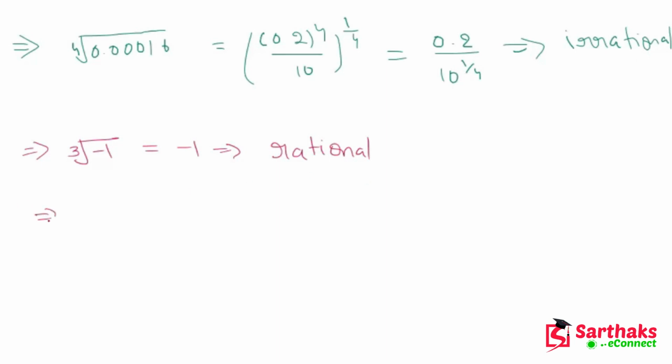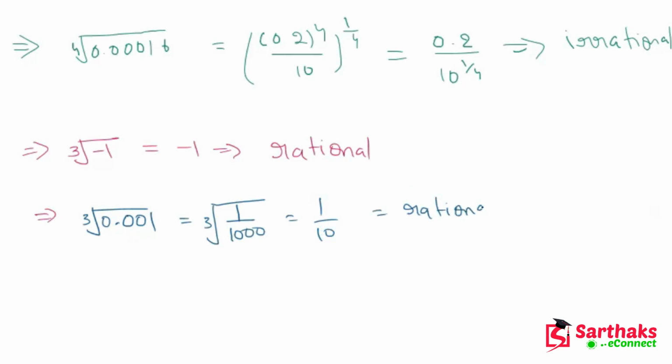Now next is the cube root of 0.001. If we solve this, we get the cube root of 1 upon 1000, and from this we get 1 upon 10, which is rational. I hope you get this point. Now let's move on.